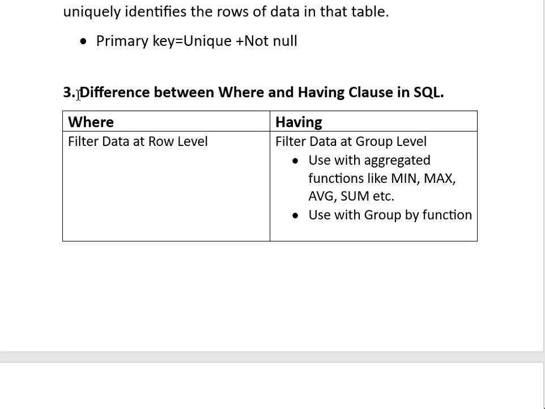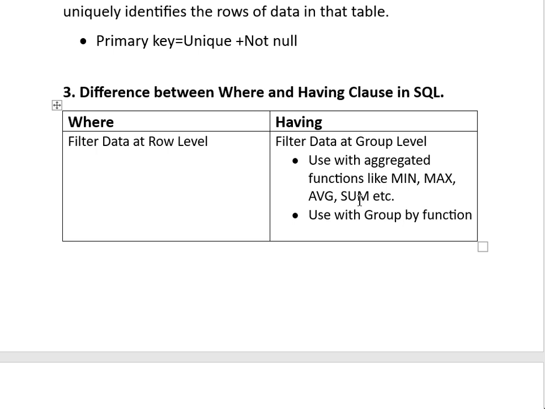And the third question is, what is the difference between the WHERE and HAVING clause in SQL? The WHERE clause is used to filter data at the row level, and the HAVING clause is used to filter data at the group level. HAVING is used with aggregate functions like min, max, average, sum, and it is used with GROUP BY as well.